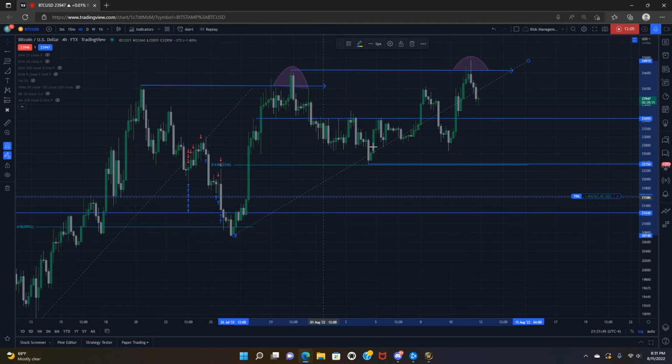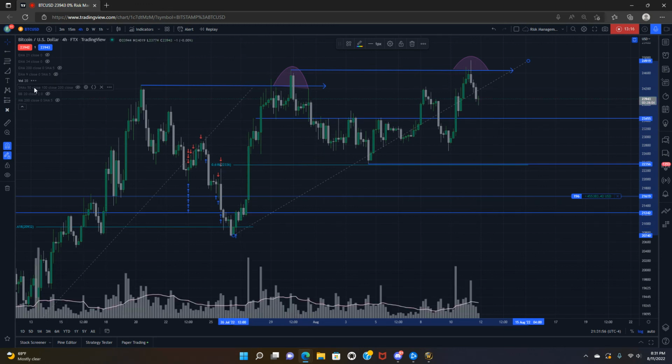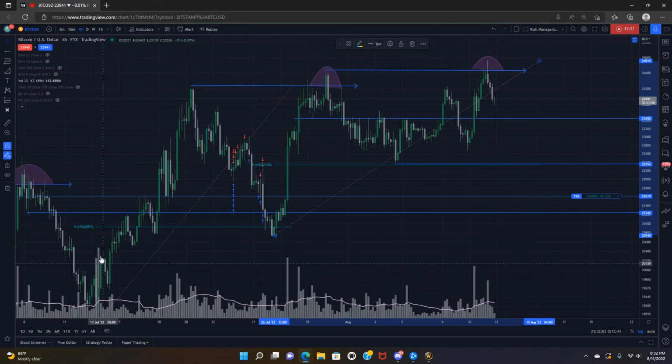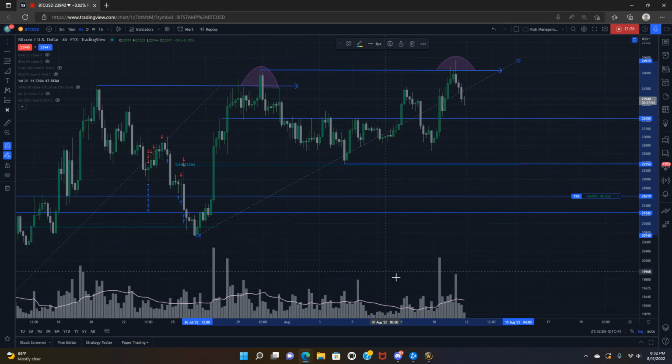What's important is that you've got this low right here, which was obviously very significant. If we put the volume on the chart, you can see that the volume that came in after the FOMC meeting was very significant, at least relative to anything current. So that's the big one in this one as well.